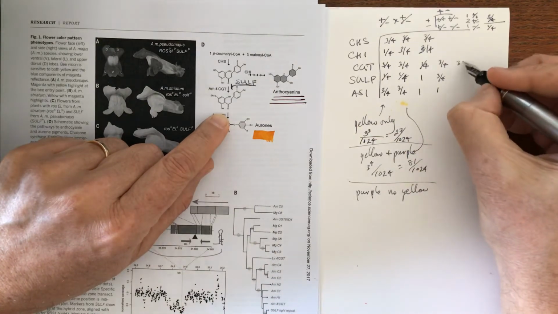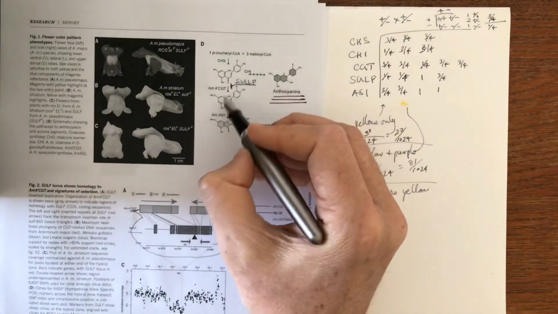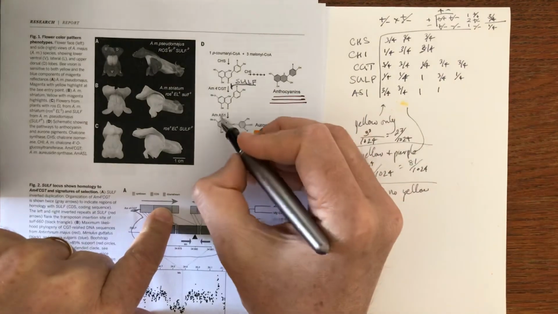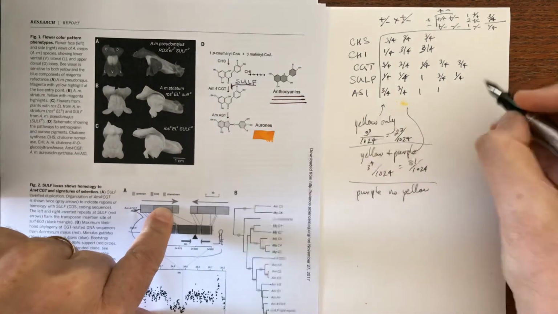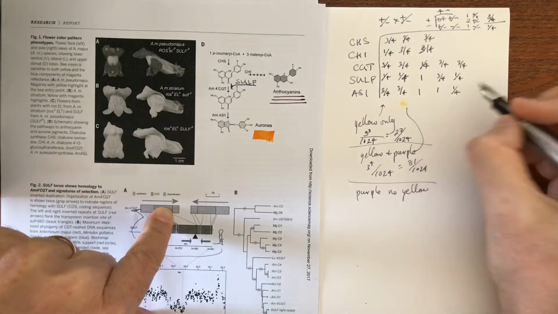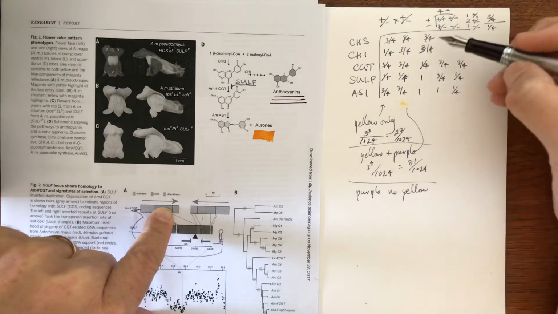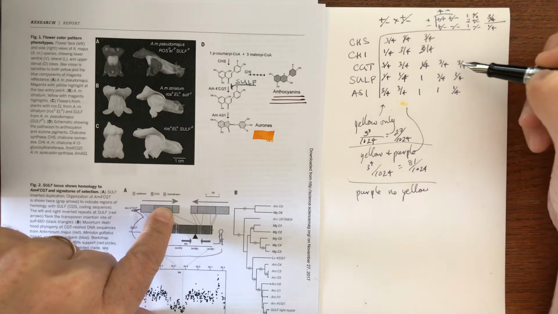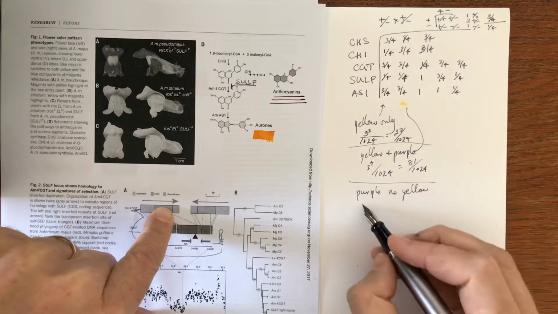Or it could be that it has functional CGT, non-functional sulf, and non-functional AS1, and that will also work. So if we add that up, it's going to be 3/4 times 3/4 times this plus this plus that. So we're going to get this.